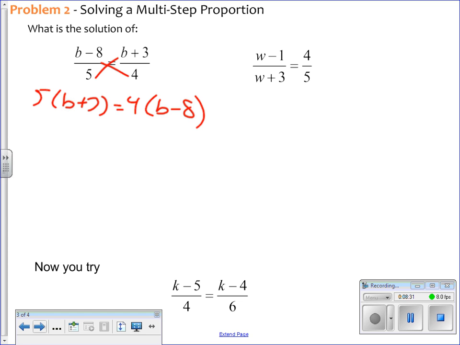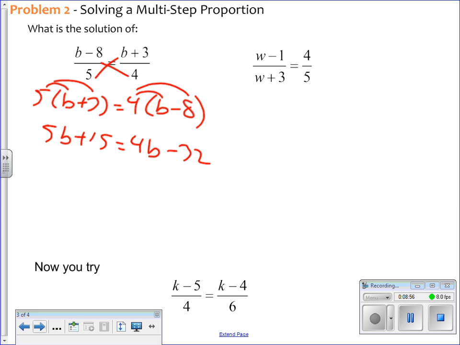Same start. Now we have to solve this. First step is to distribute. 5 times b, 5 times 3, 5b plus 15 equals, distribute, 4b minus 4 times 8 is 32.